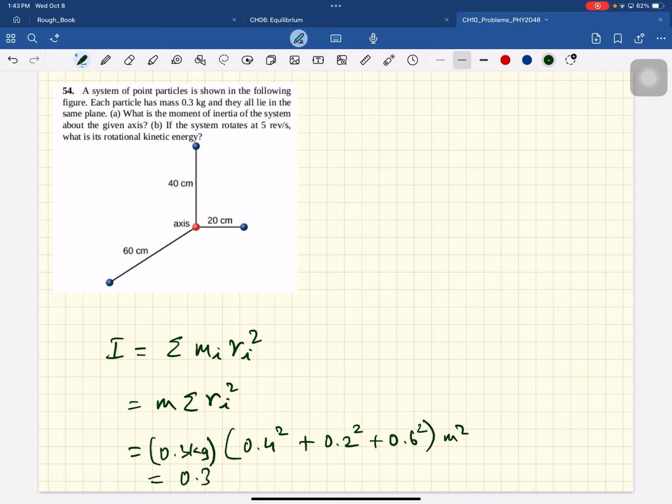So 0.3 times 0.56, and that is 0.168 kg m squared.